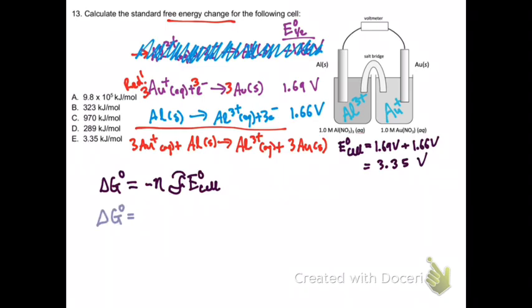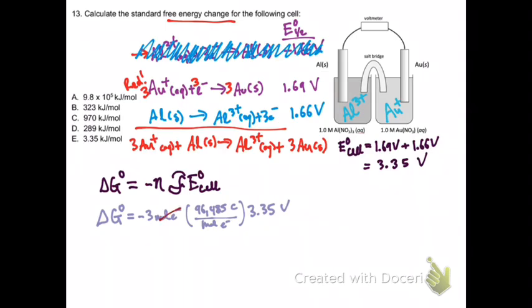Now let's plug in everything into our equation to find delta G standard. So delta G standard is equal to negative N, the number of moles of electrons transferred in the balanced overall reaction, 3 moles of electrons, times Faraday's constant, which is 96,485 coulombs for every mole of electrons, times the E standard of our cell, which is 3.35 volts. And so our units are going to cancel out.